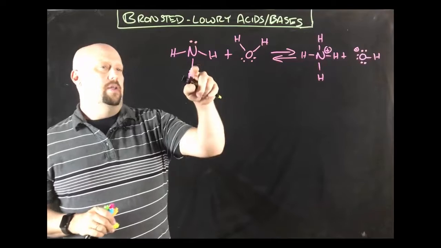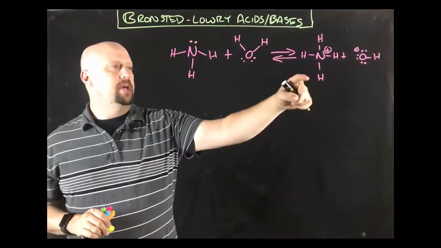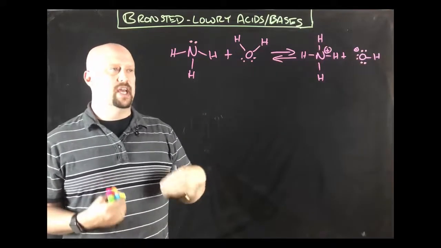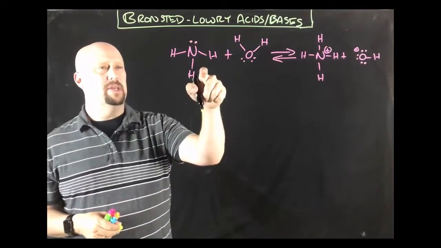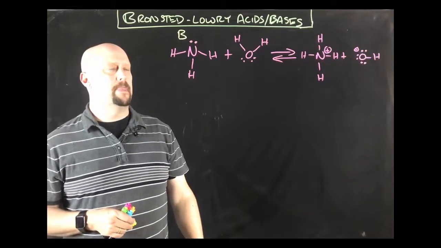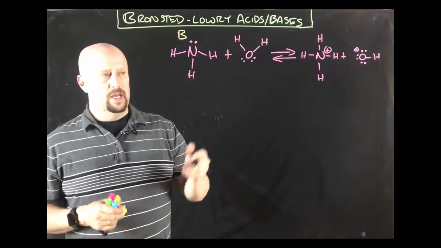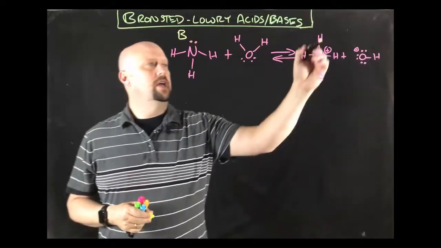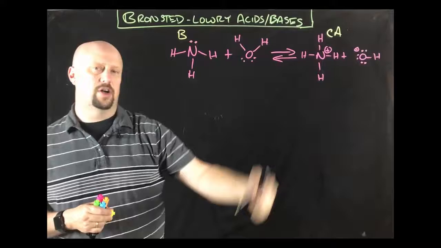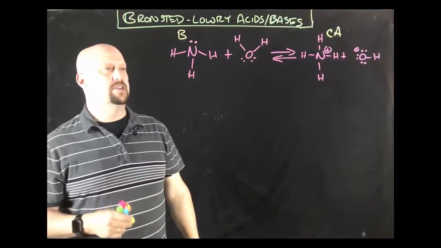So my ammonia here becomes ammonium, and it does that by gaining a hydrogen, gaining a proton. And so that means that this has to be my base in this case. And so what it turns into is the conjugate acid. The base becomes the conjugate acid by gaining a hydrogen.